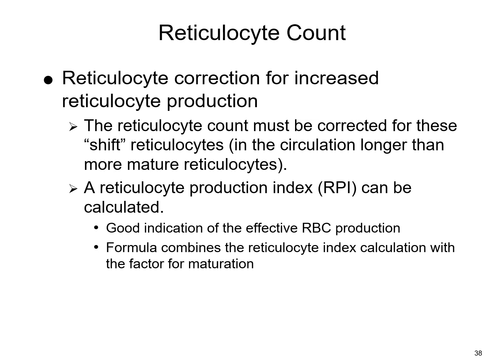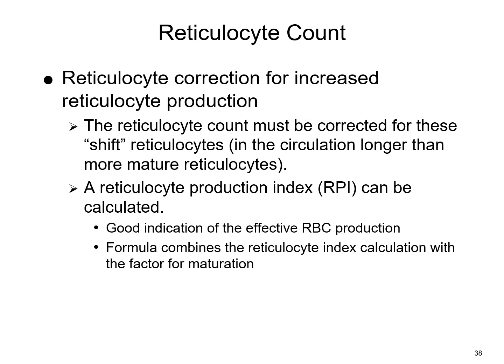And so because of this, the reticulocyte production index will need to be calculated. This is a good indicator of how effective red blood cell production is, and this formula combines the reticulocyte index calculation with the factor for maturation.